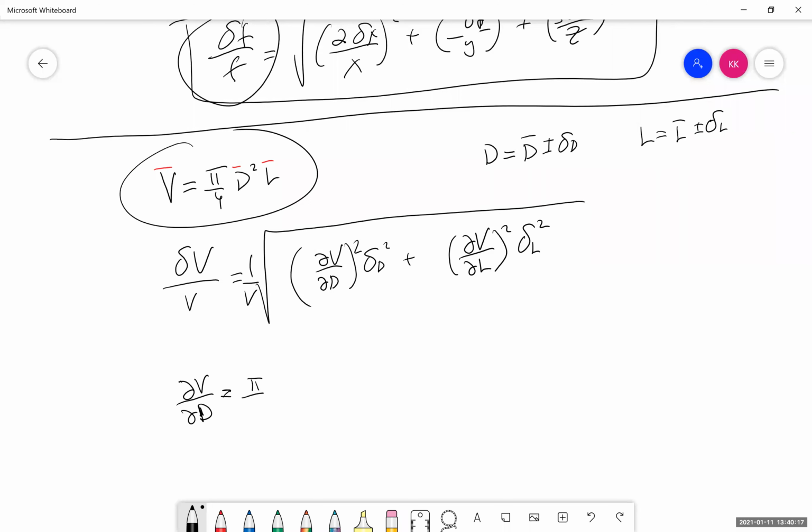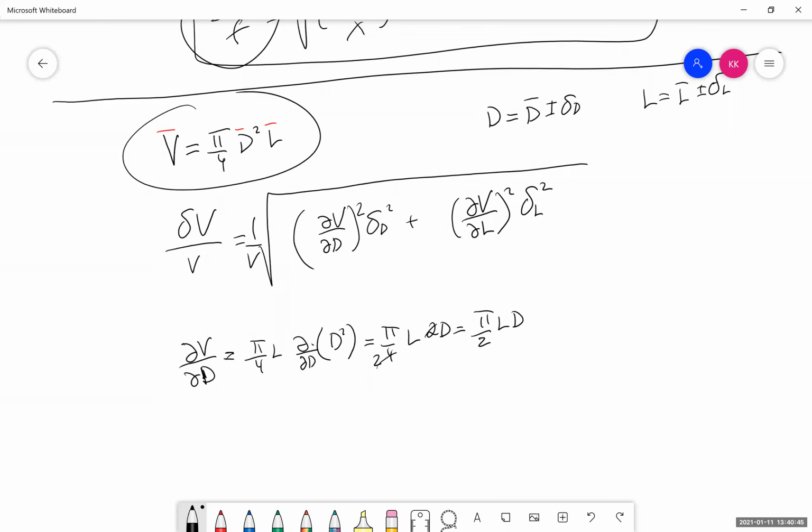So I have pi over 4 L, and then the derivative of D squared, which will be 2D. So those cancel out, and it's going to be pi over 2 L times D. That's what I get from taking the partial derivative of the volume with respect to D.